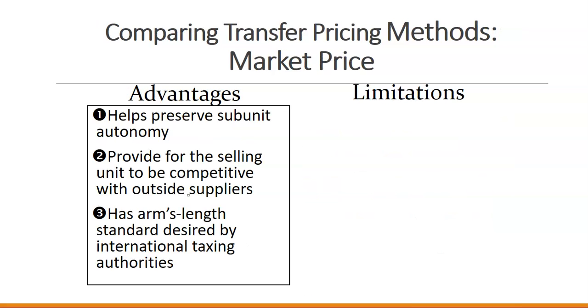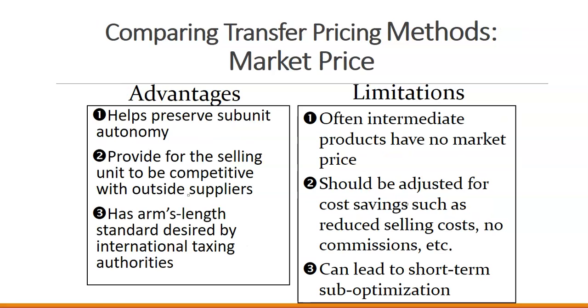For market price, this helps because we're providing the selling unit the profit that they're looking for in their performance evaluation, and we're being competitive. This is most often used when we don't have capacity and there's high demand for the product that we're transferring internally.